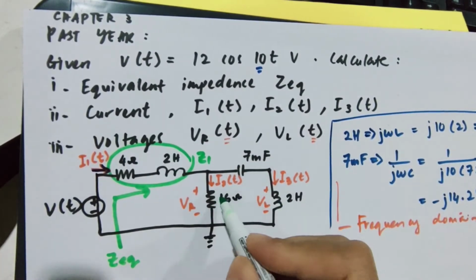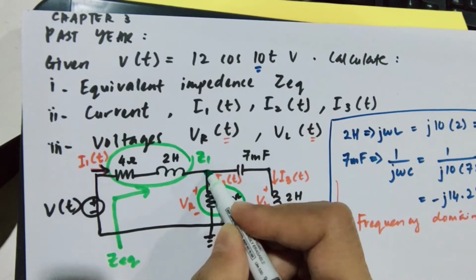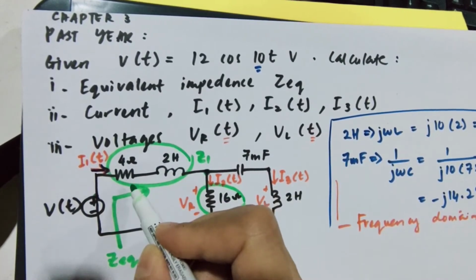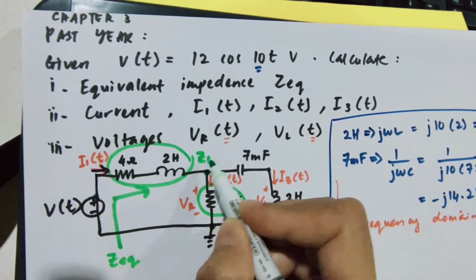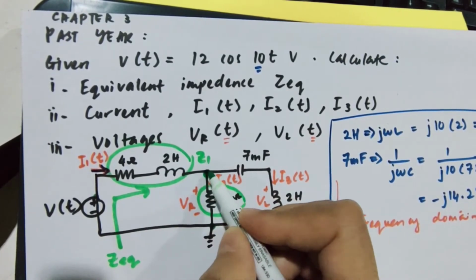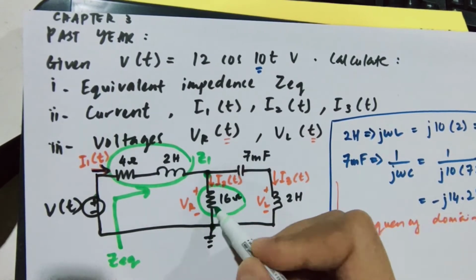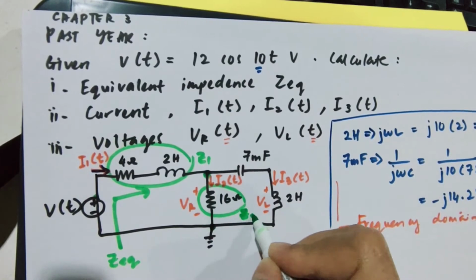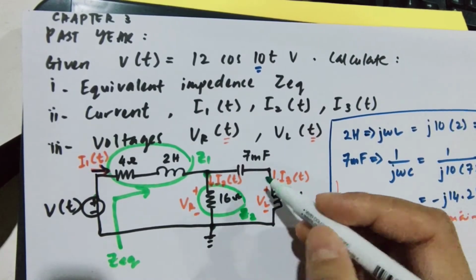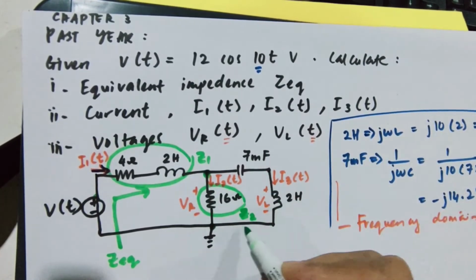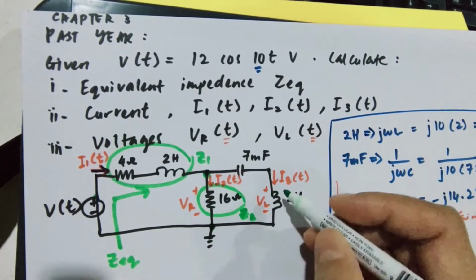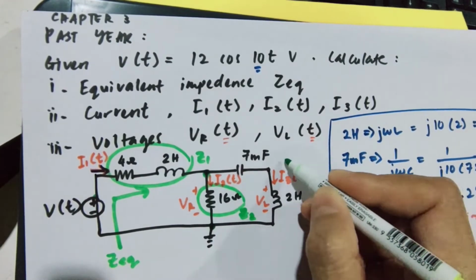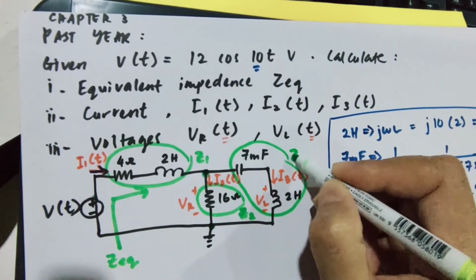They have a resistor and an inductor, so we name it Z1. And then from this node to this node, they have one resistor here, 16 ohms, so we can name it as Z2. And the third one, from this node down until the ground to complete the loop, we can name the 7 millifarad and 2 Henry inductor together as Z3.